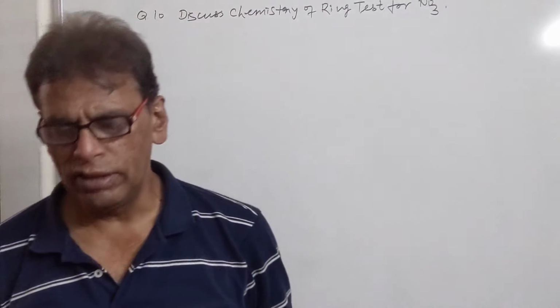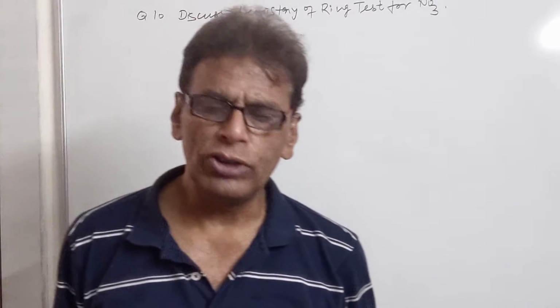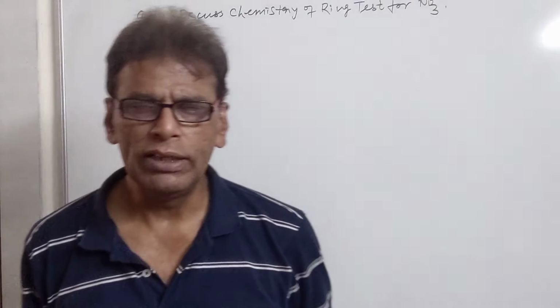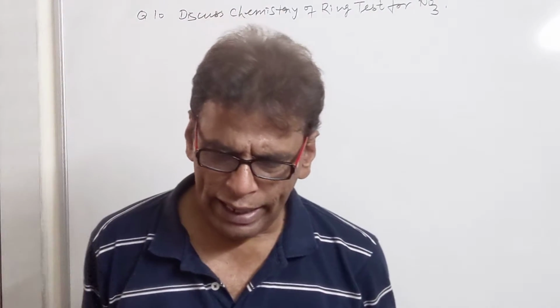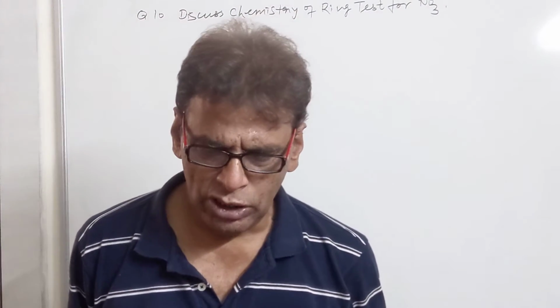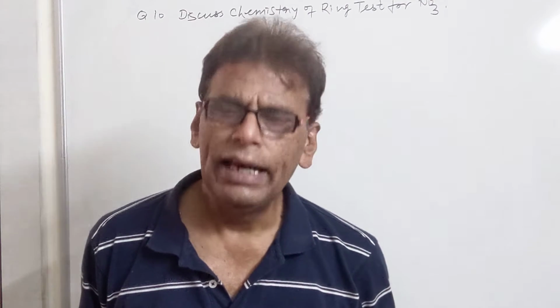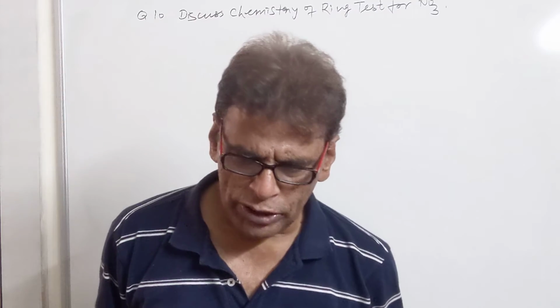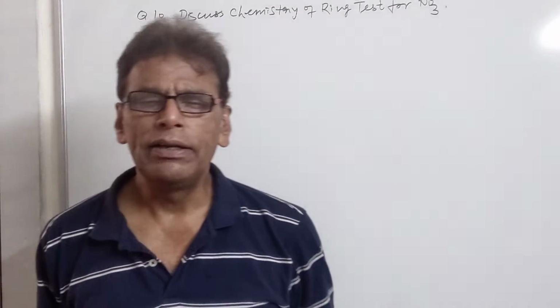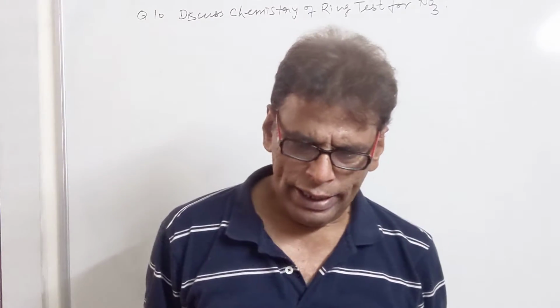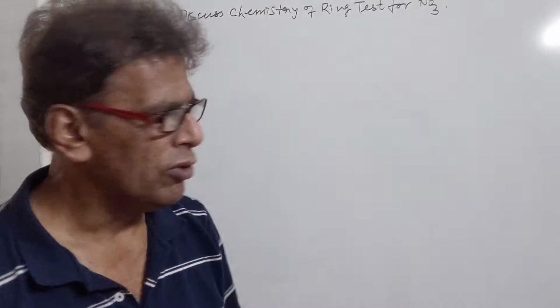And this solution in the test tube is allowed to stand for some time. After some time you will see two junctions of the liquids, and at the junction of these two liquids you will find a brown colored ring. That ring is due to formation of pentahydrate ferric nitroso ion. So this ion is formed, how does the reaction happen?